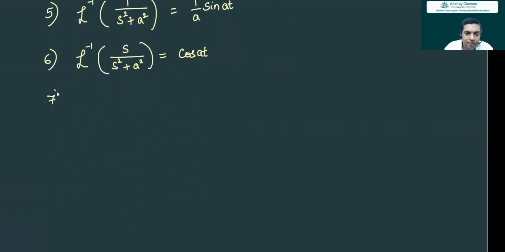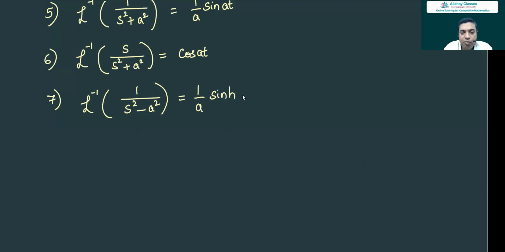And then Laplace inverse of 1 upon s square minus a square. This is 1 by a sine hyperbolic at. This we have done.